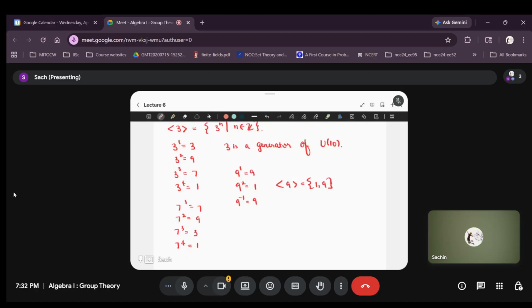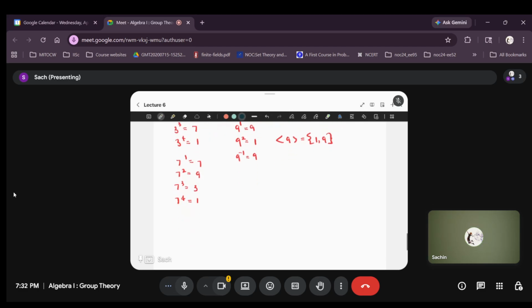So that is how we define the order of an element. That is why we defined it in that way, because the order of the element is equal to the order of the subgroup generated by the element. We'll show that later.